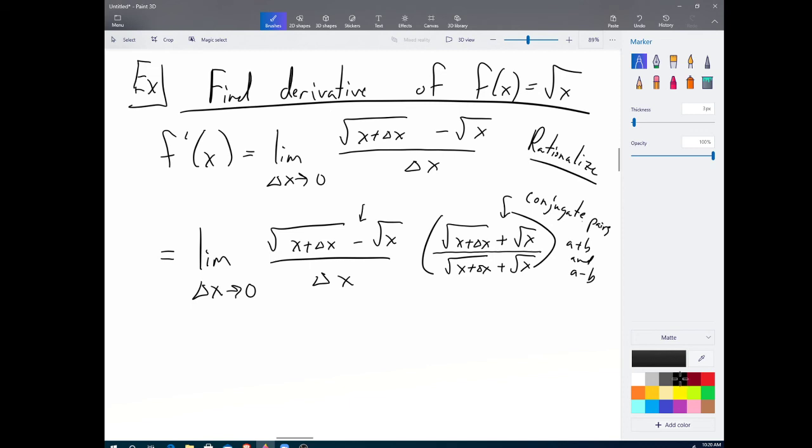And remember that what's great is when you have a conjugate pair, they always multiply together to make this difference of squares. And what I like about using them when we have square root problems is the squared cancels with the square root. It goes away.